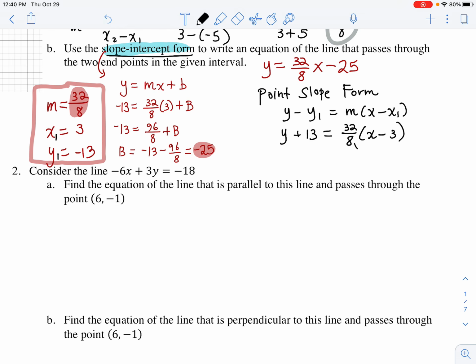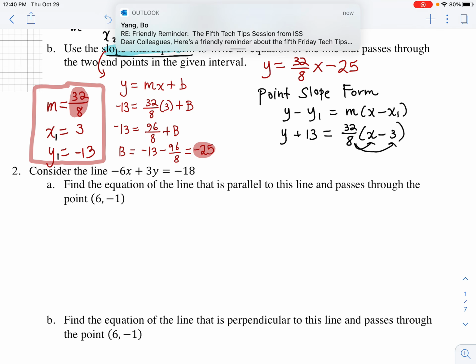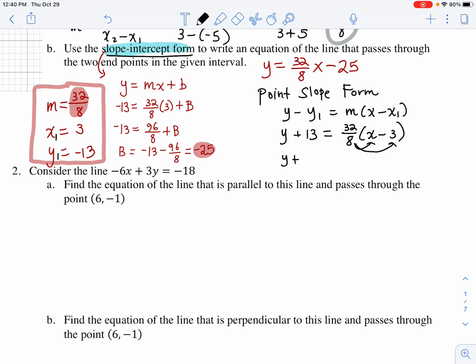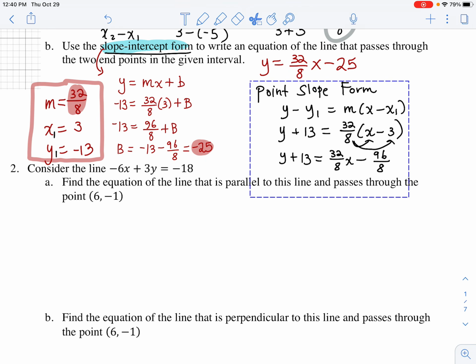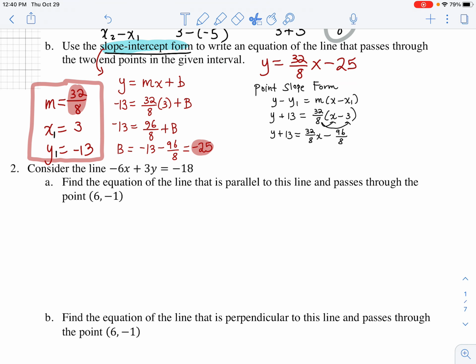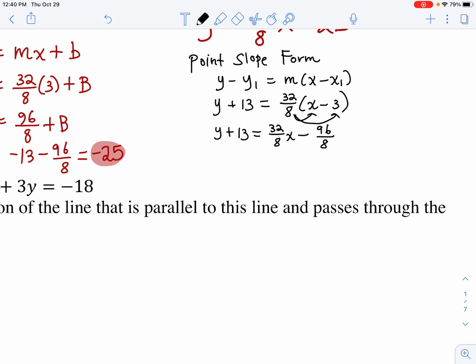But I want you to write the slope-intercept form. Then you have to distribute. It will be y plus 13 equals 32 over 8 x minus 96 over 8, right? And then this is where you have to subtract 13 from both sides. You see the numbers we are seeing are exactly the same as the ones we used. Minus 13, minus 13.